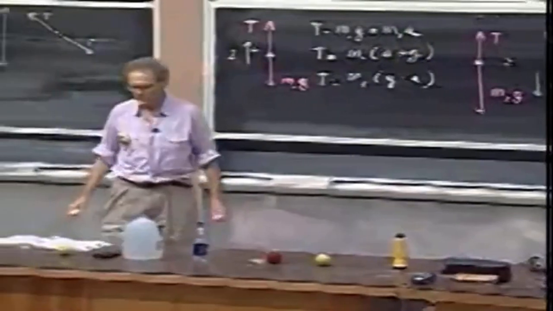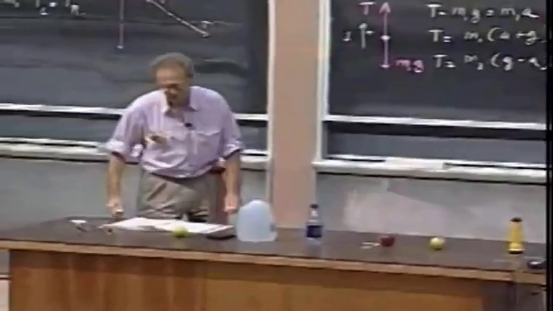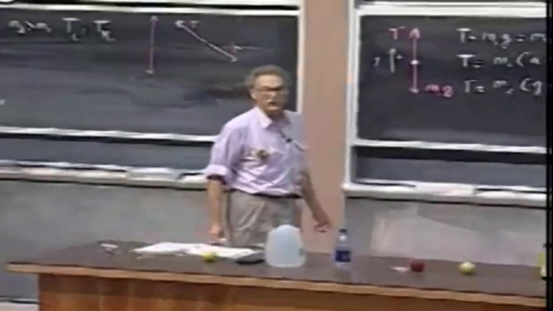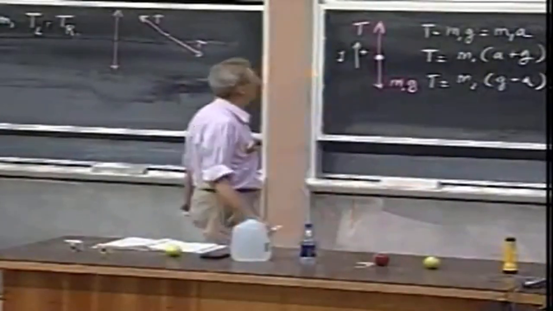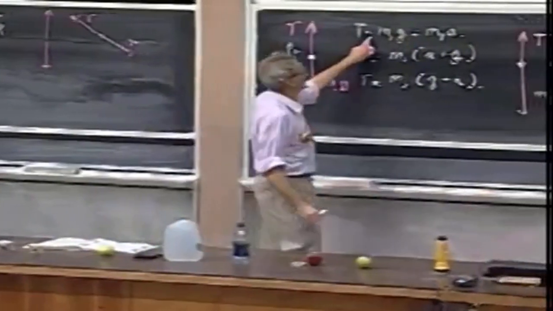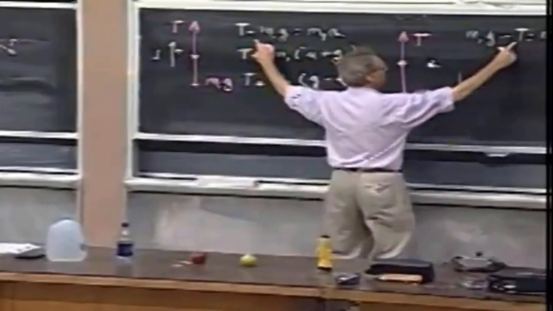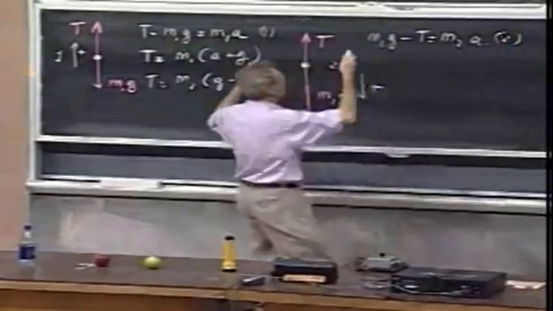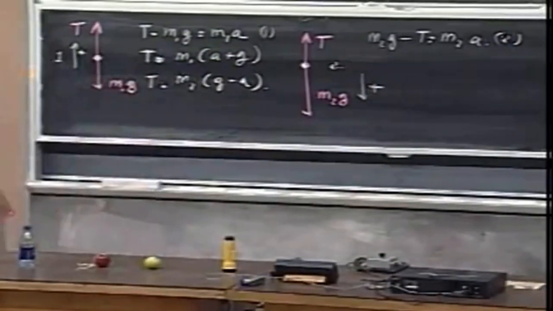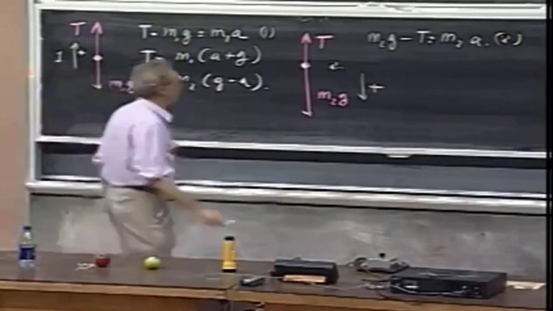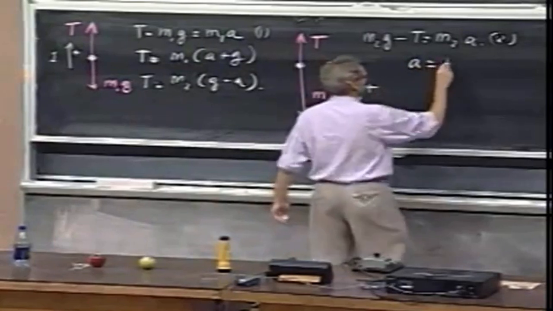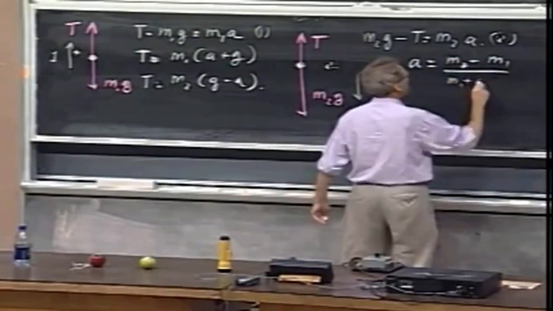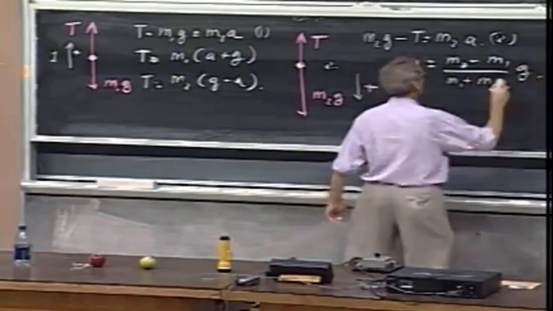Two equations with two unknowns. Well, that shouldn't be so hard to solve. You can immediately eliminate T, by the way. If you add this one with this one, I call this equation 1 and you call this equation 2, you immediately lose your T, and you get that the acceleration a equals (m2 minus m1) divided by (m1 plus m2) times g.